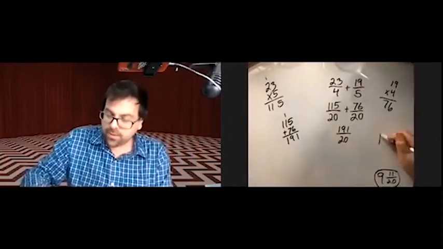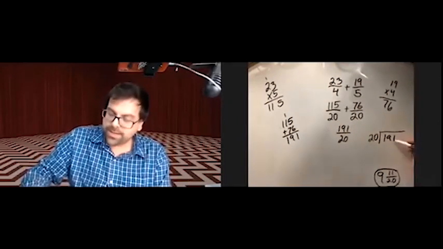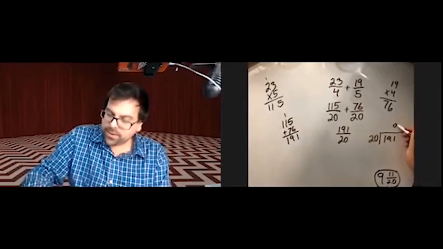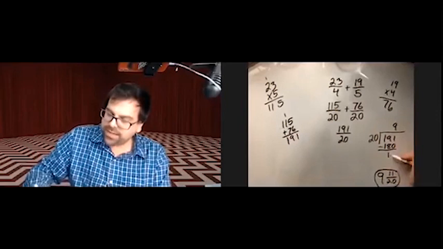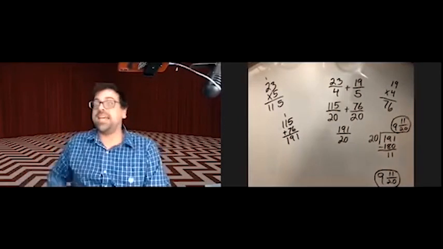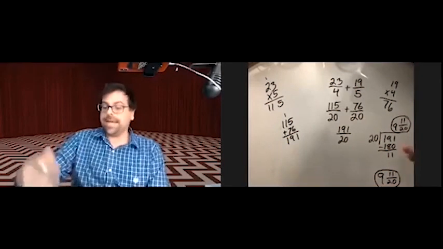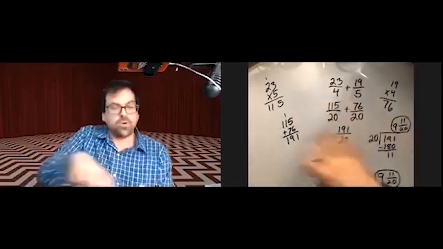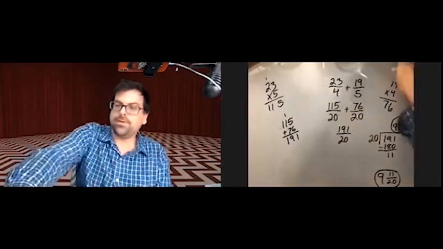And then we divide. 191 divided by 20. So go in 9 times. It's 180. Subtract, we get a remainder of 11 that goes over 20. Same answer. So you don't have to do any carrying if you go with improper fractions first. Let's do another.